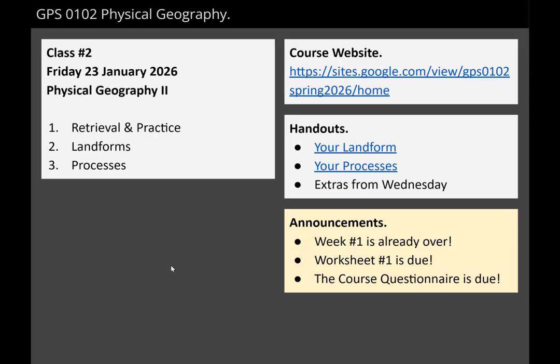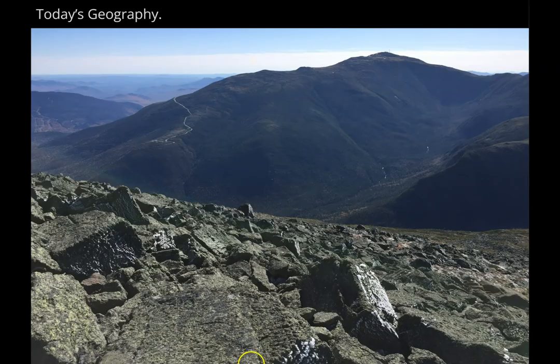So let's get started here with the class, and I want to start with a landform. Right? We always want to start each class with a landform and start practicing the way that geographers think about the physical geography, about the landforms of the planet. Now, here's a photograph I took several years ago.